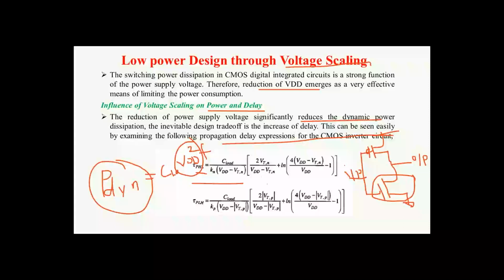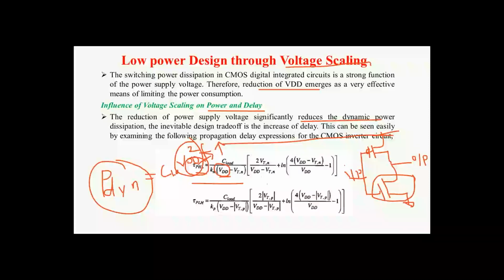From this expression we can understand that the delay is inversely proportional to the supply voltage. Our aim is to reduce the supply voltage VDD. When you reduce the supply voltage, the propagation delay will increase. That is the main factor.